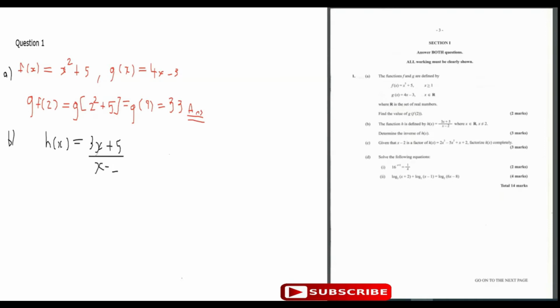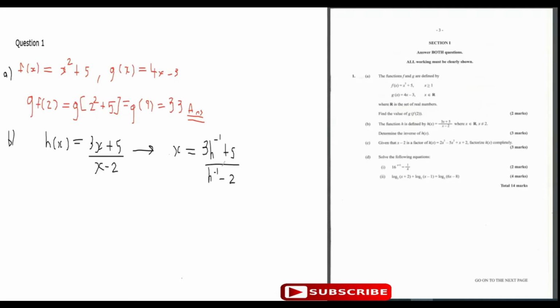Since h of x is 3x plus 5 over x minus 2, to find the inverse we interchange x and y. So we're going to say x is equal to 3y. Instead of saying y, I'm going to write h inverse. So x is 3h inverse plus 5 divided by h inverse minus 2.